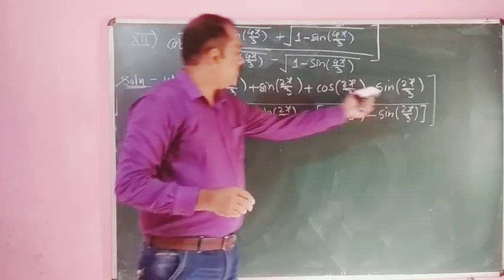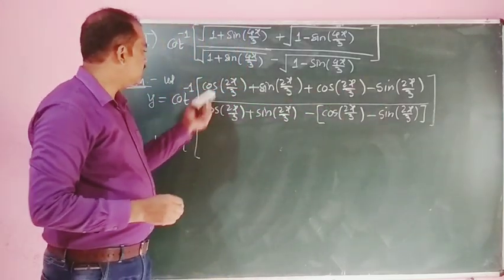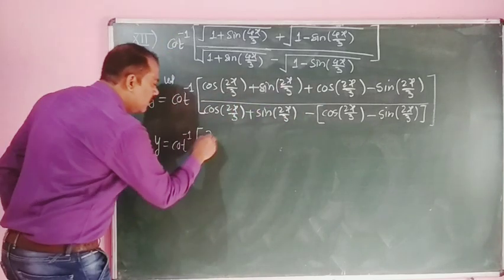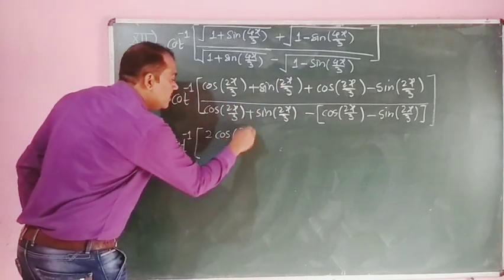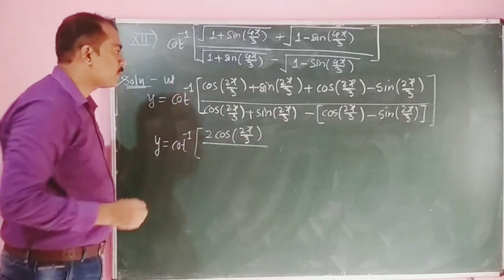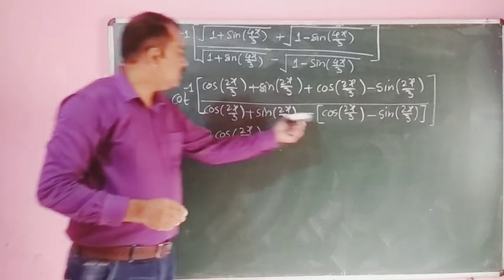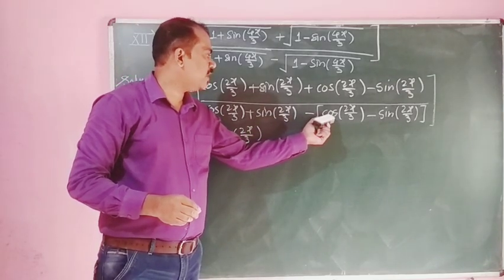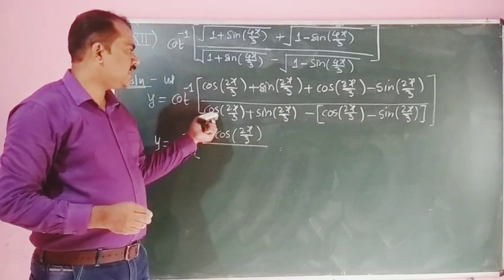sin 2x by 3 minus sin 2x by 3 get cancelled, so that cos 2x by 3 plus cos 2x by 3, that is nothing but 2 times cos of 2x by 3 divided by, if you open this bracket, minus sign goes inside, so you get minus cos 2x by 3 plus cos 2x by 3 get cancelled.